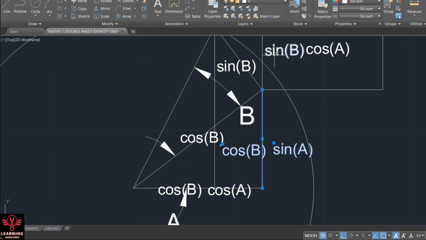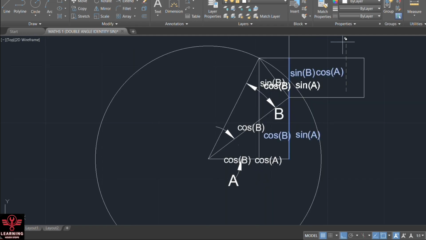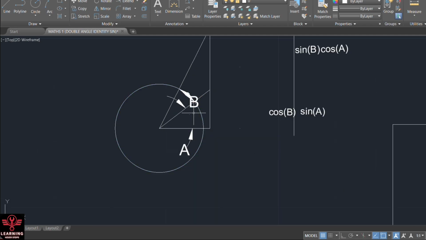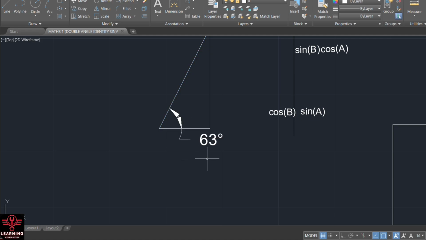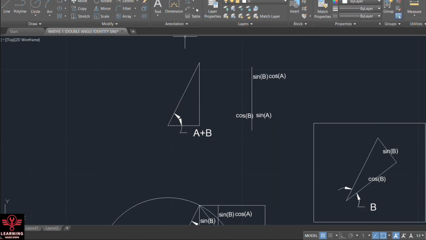As we know, the lengths of these two lines are sine B cos A and cos B sine A, and copying it upside. Removing A and B individually and adding both of them. Here you can see that my software is showing 63 degrees, which is 37 plus 26 that we have done earlier, and I am converting it into A plus B.